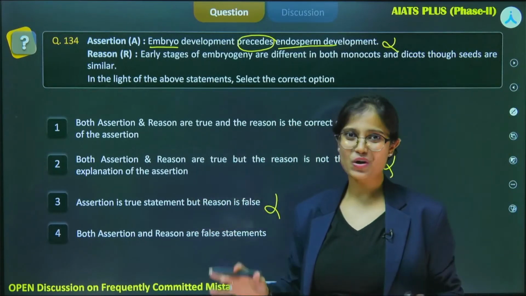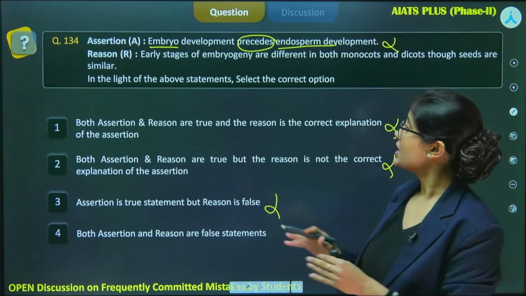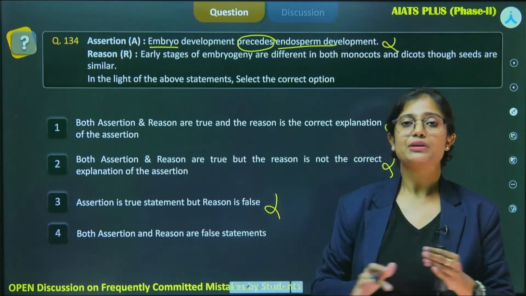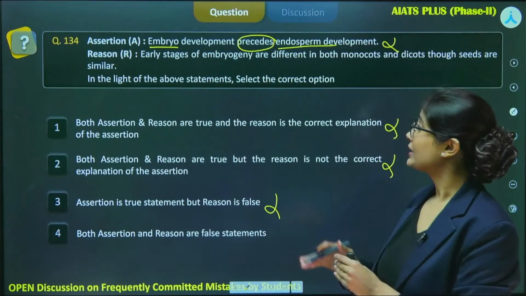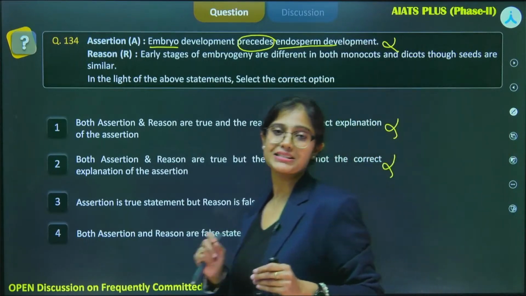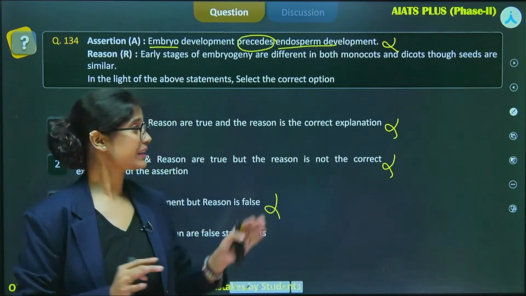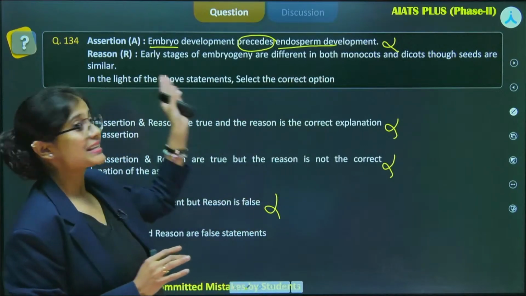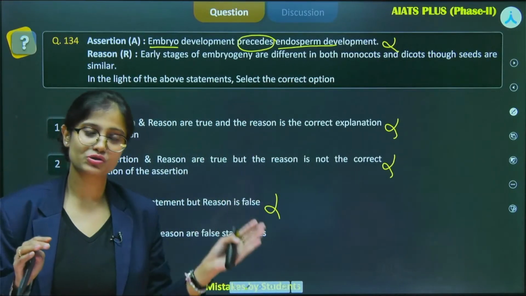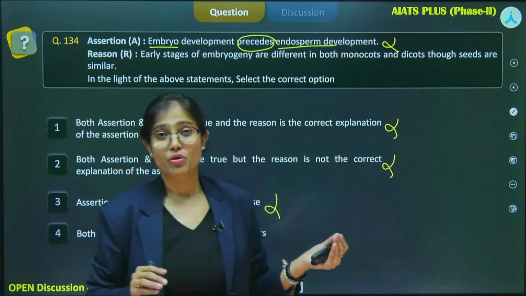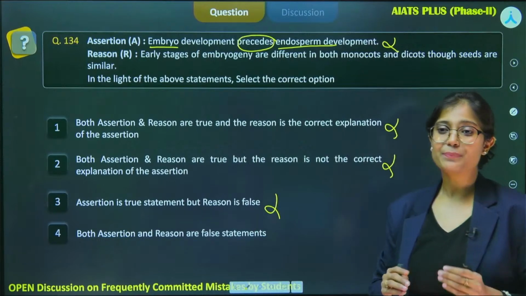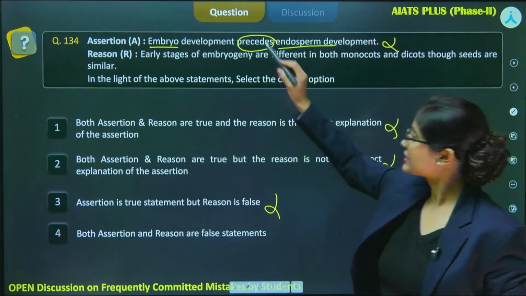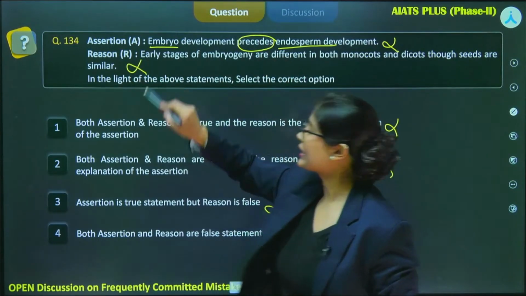So no, this is not the case. If we see the early stage of embryogeny, that means the formation of embryo in dicot and monocot, then we can see that they have similar stages. They are the same. But the seeds are different, as I have shown you in the previous question, how monocot and dicot seeds develop differently. Right? So this statement is also incorrect.